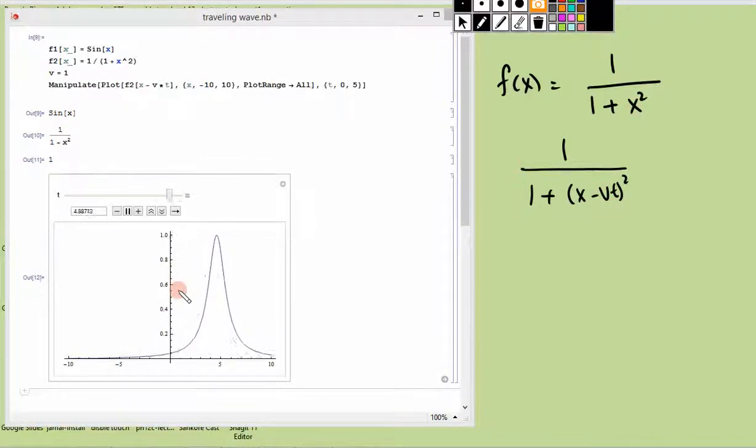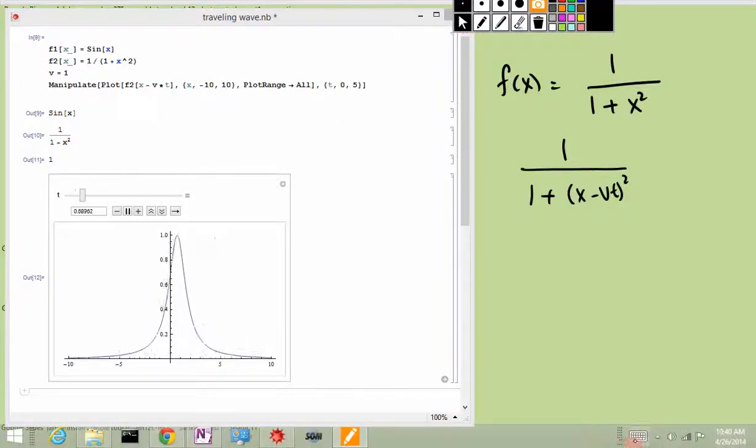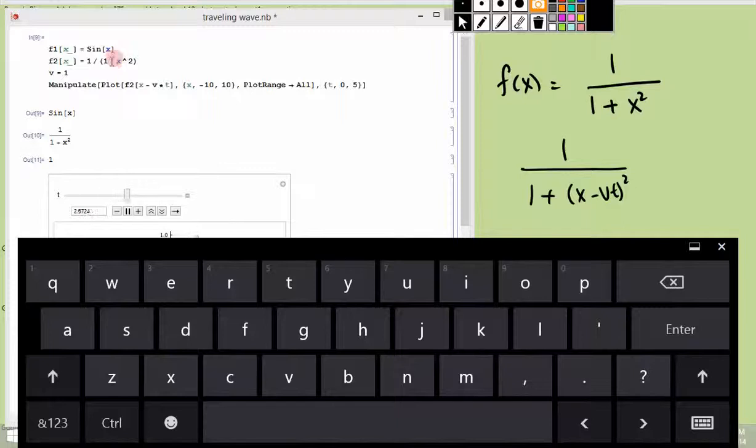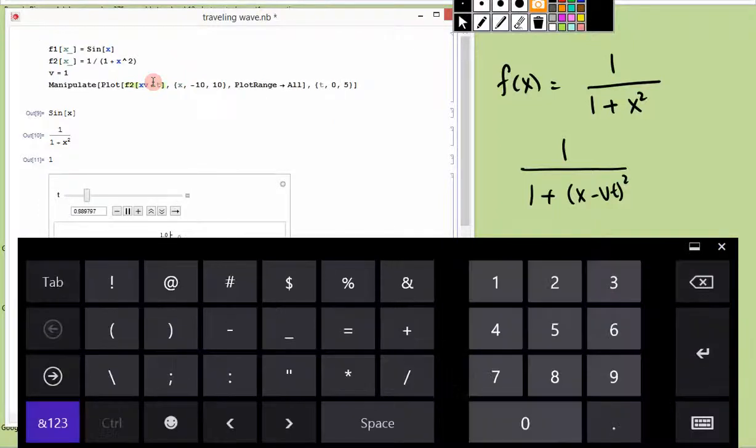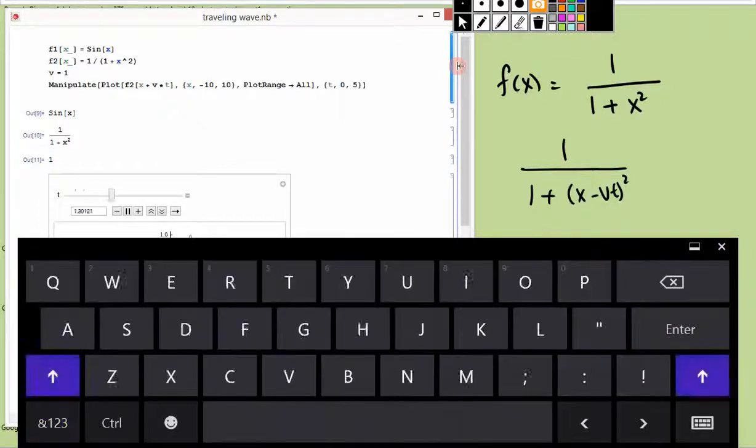Now let's look at one more thing. Let's see what happens when I change this minus to a plus. Let's change that to a plus and see what happens.